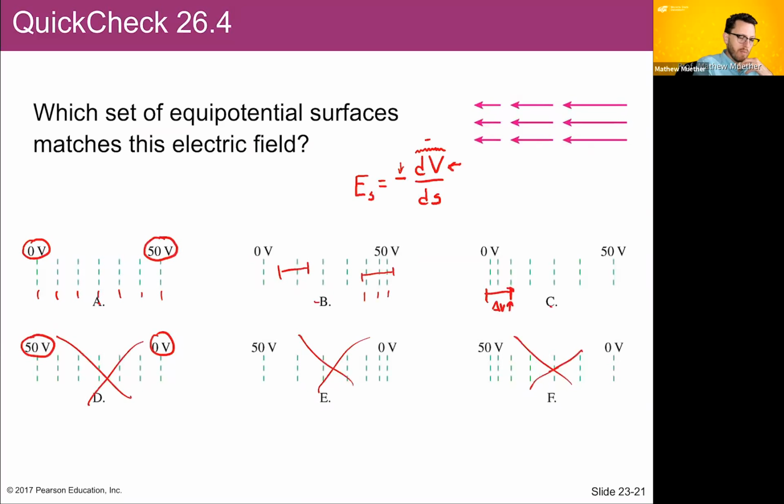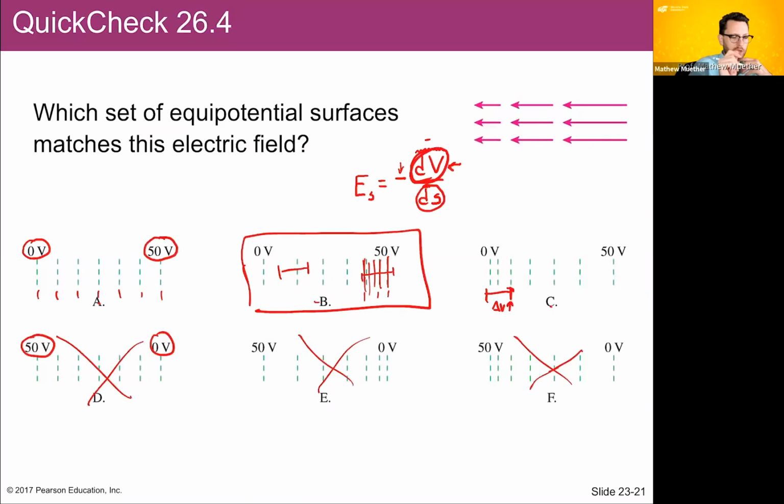And so my electric field is going to be stronger where my potential changes more rapidly. So that means the correct answer here is going to be B. My electric potential is varying more rapidly on the right-hand side, so that corresponds to the larger electric field on the right-hand side.